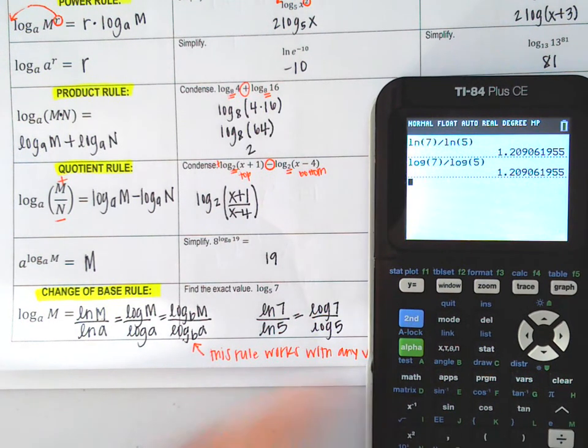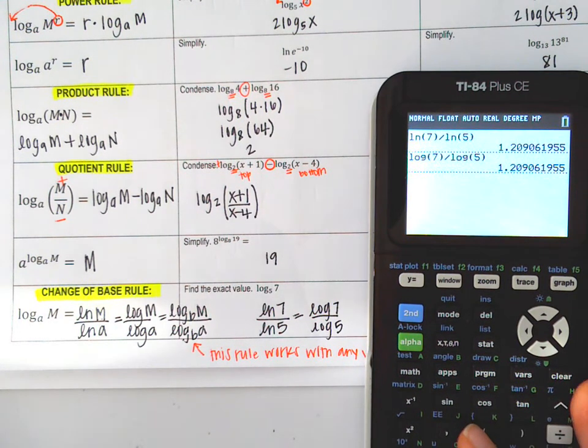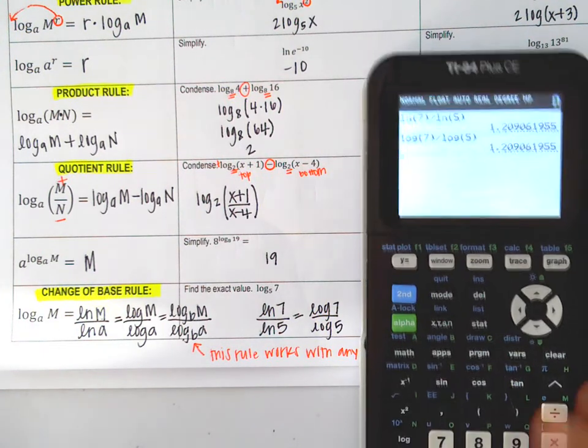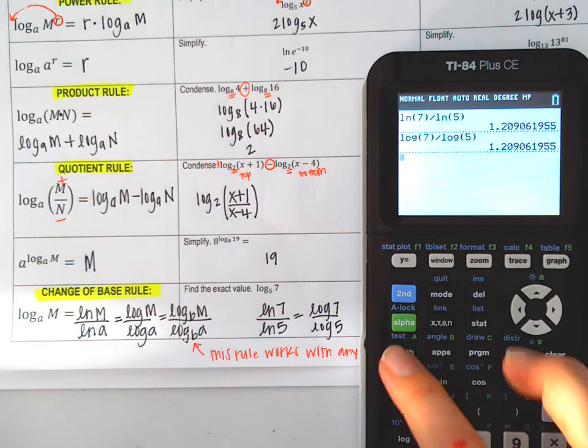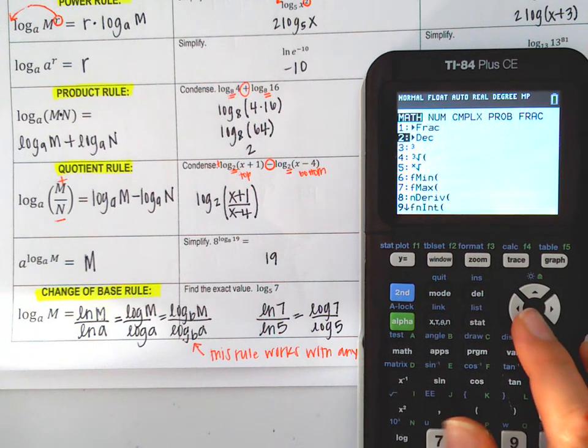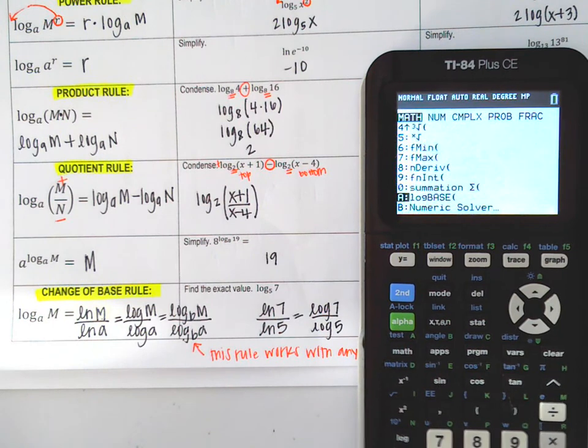Now, like I said, there is a button in your TI-84, your TI-83s. I don't know. I don't remember. I know like mine that I had, I think that's the TI-83, doesn't have this. But what you do is you go into math and you go all the way down and see that log base.